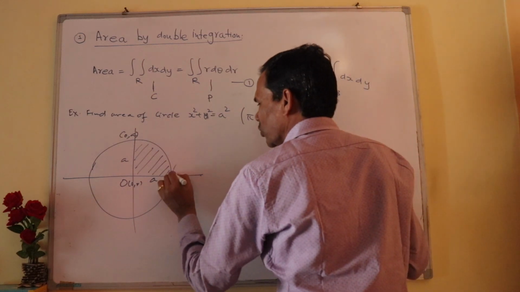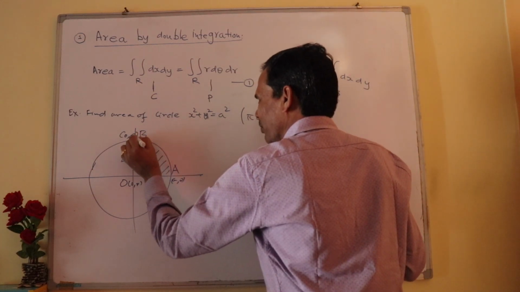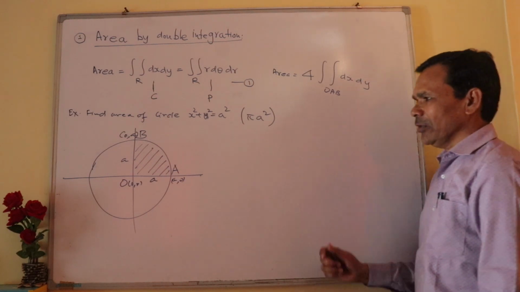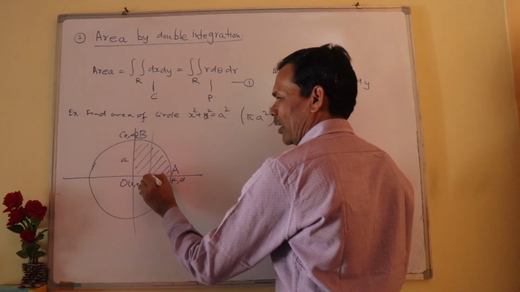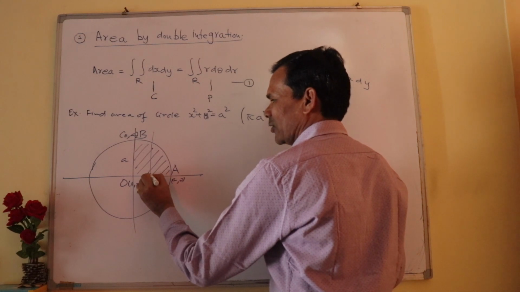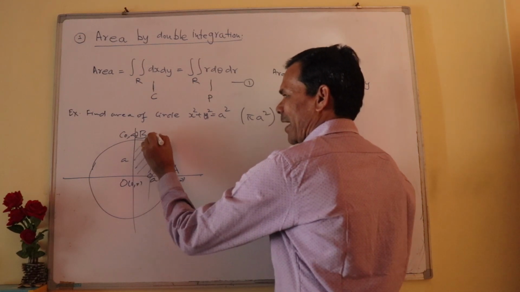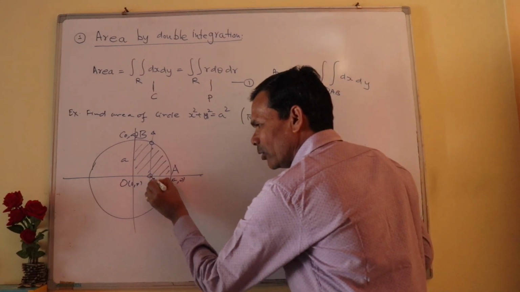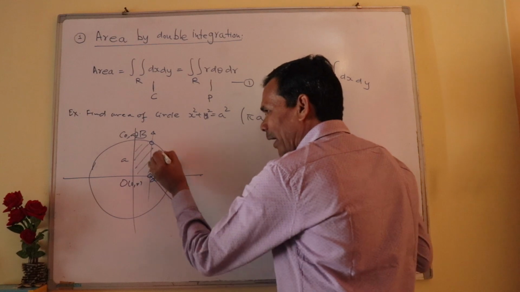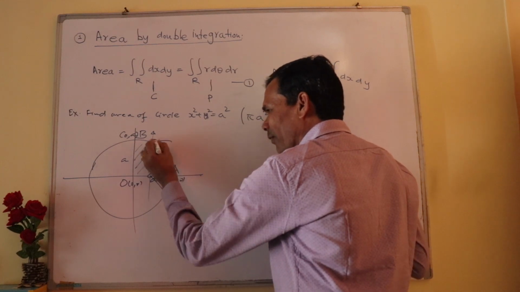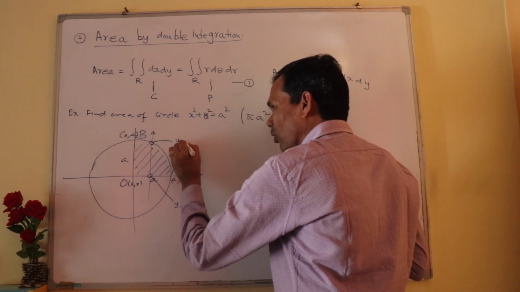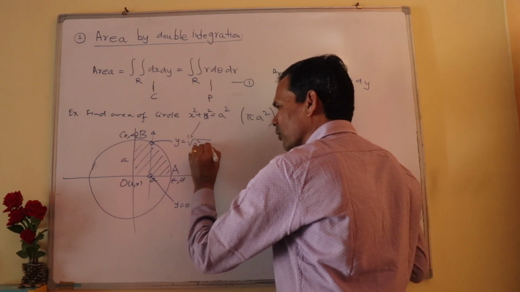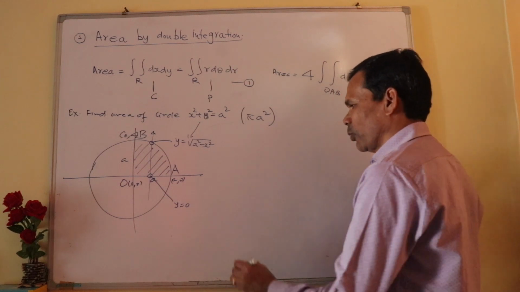This point is A, this point is B. Now I find out the limits. For limits, as usual, we draw a vertical or horizontal strip. Here this strip y varies vertically. At this particular point, y is equal to 0. At this particular point, it is the boundary of this circle. So y is equal to, from this equation, root of a square minus x square. So these are the limits for y.